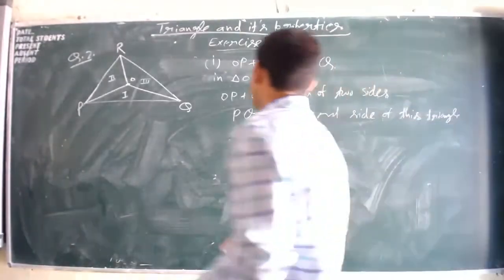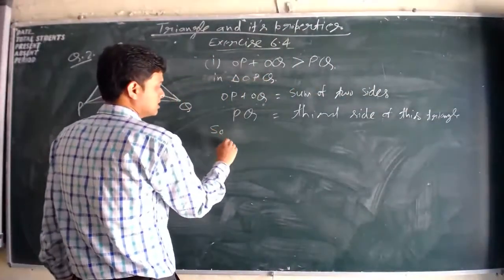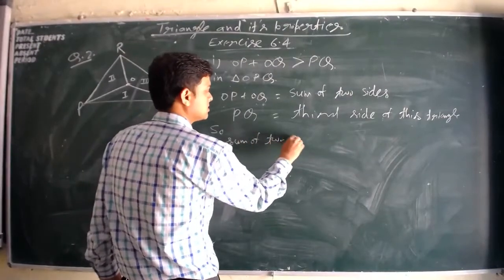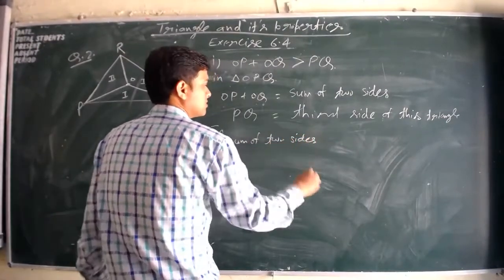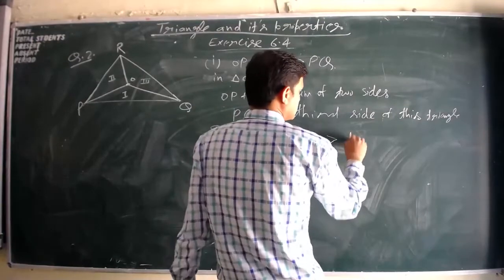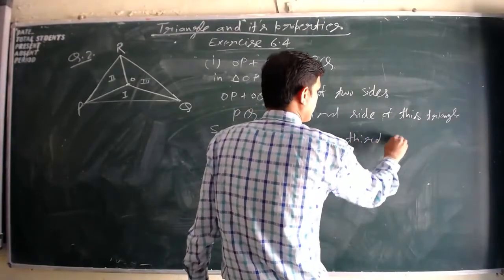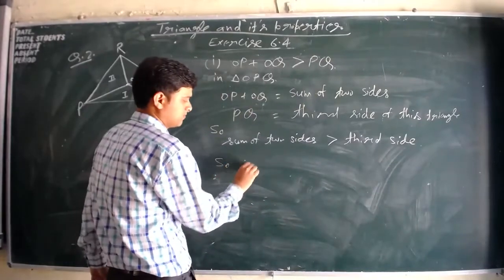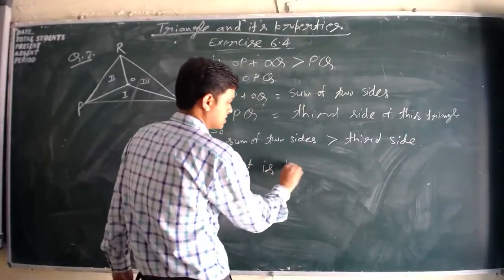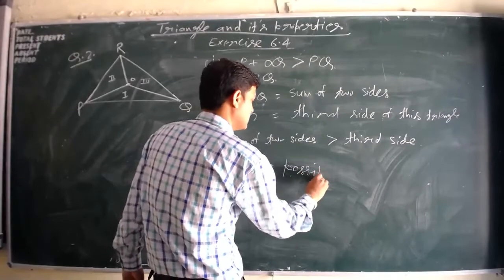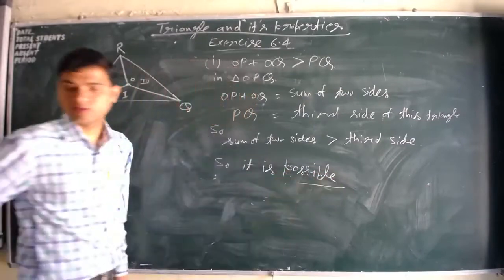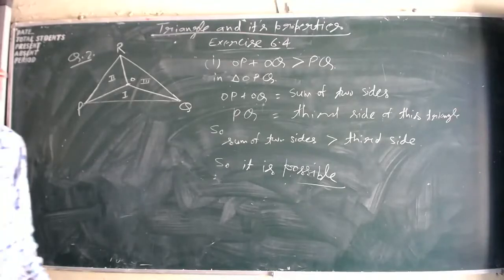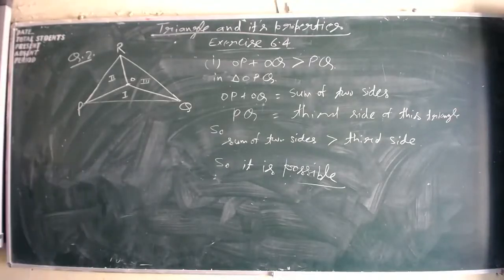It means it is possible. So the sum of two sides is greater than the third side. Okay, so it is possible. You can solve the next two parts in the same way. Okay, you can look at the next two parts. Clear.